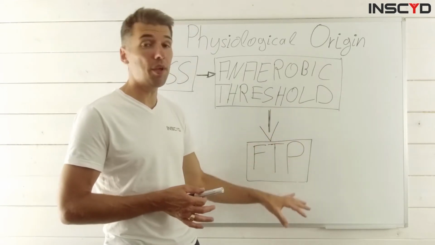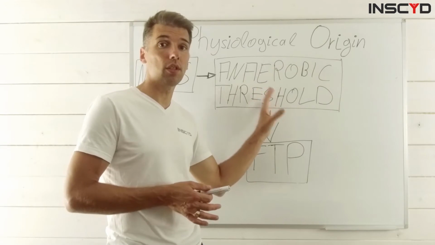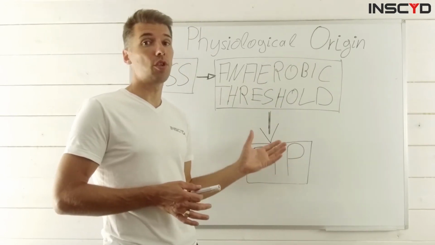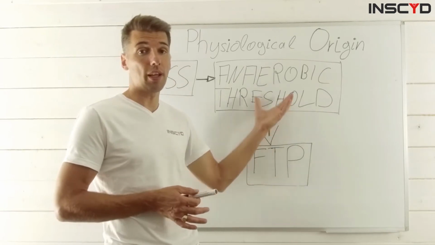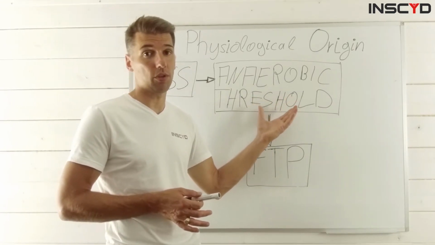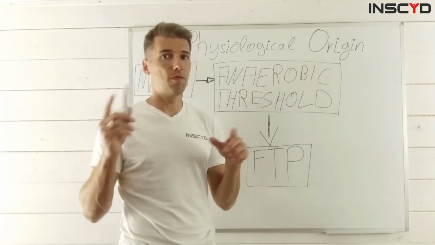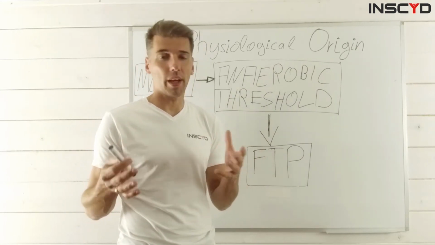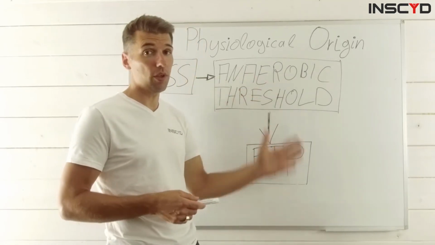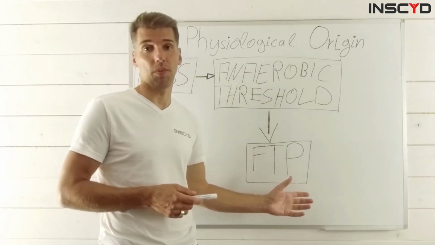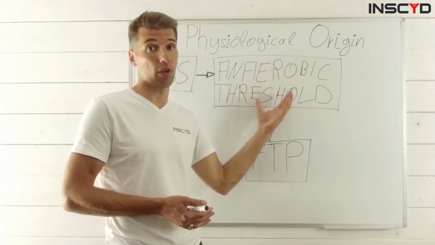So what FTP is trying to do, without the need to go to a lab, is to determine this domain of intensity which correlates with your anaerobic threshold power. And because it is not the real physiologically correct, scientific way to determine an anaerobic threshold, it is called functional threshold power, because it is the functional value of this threshold you're looking for.